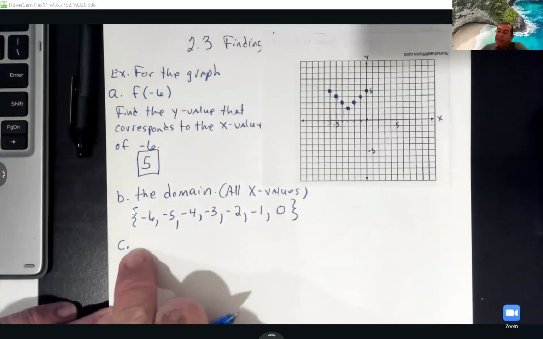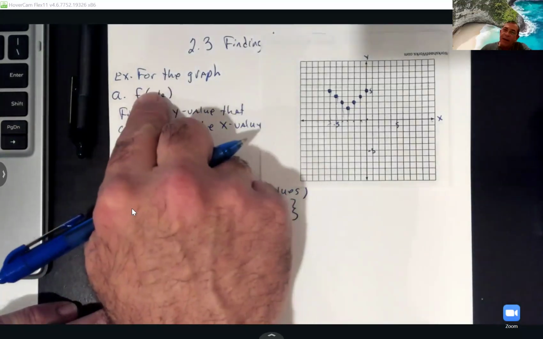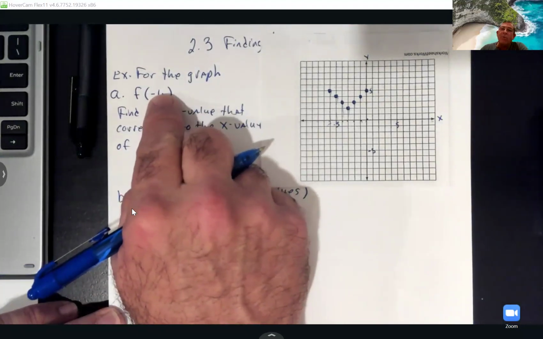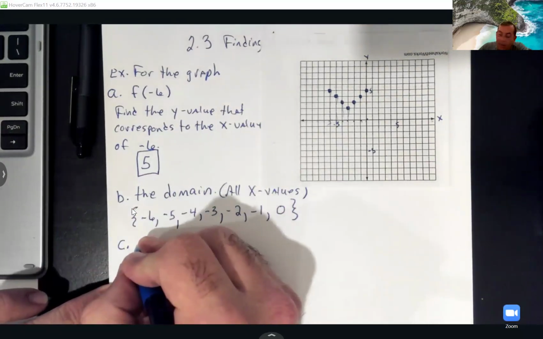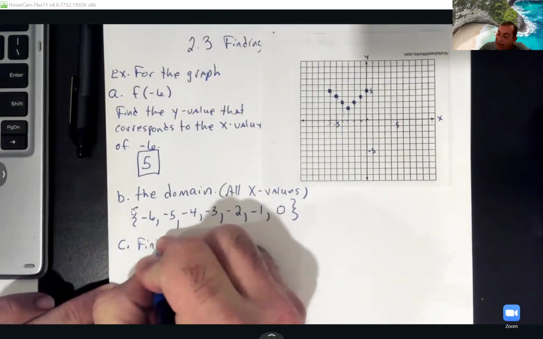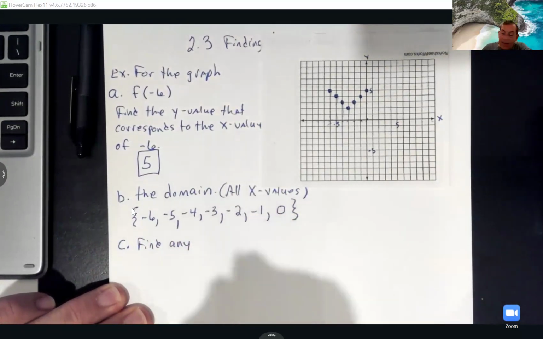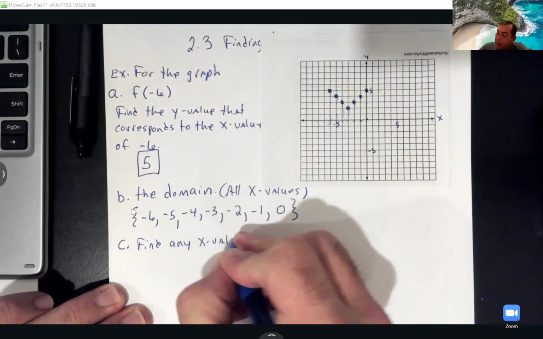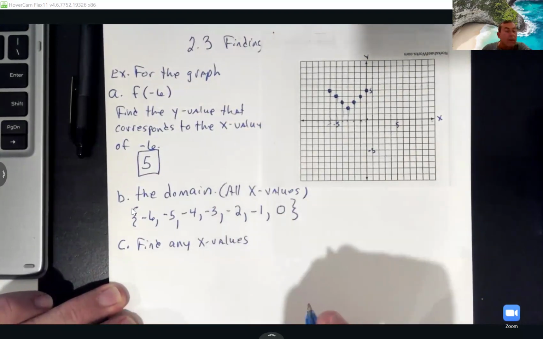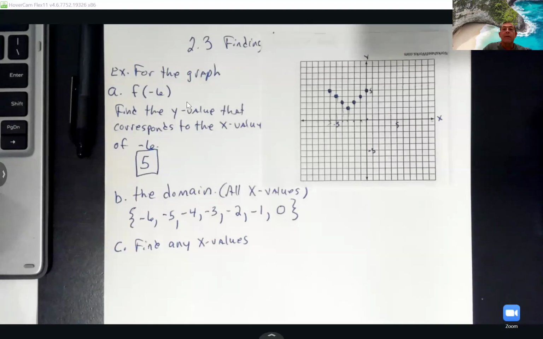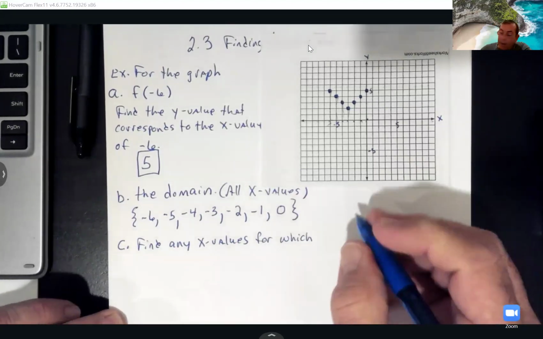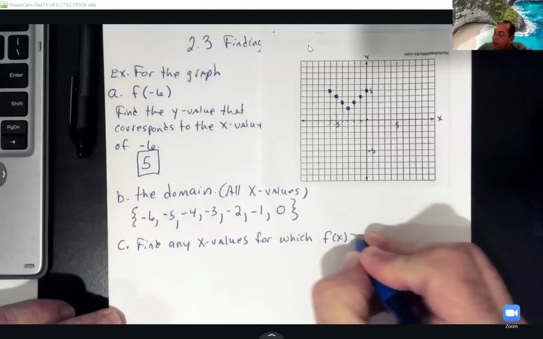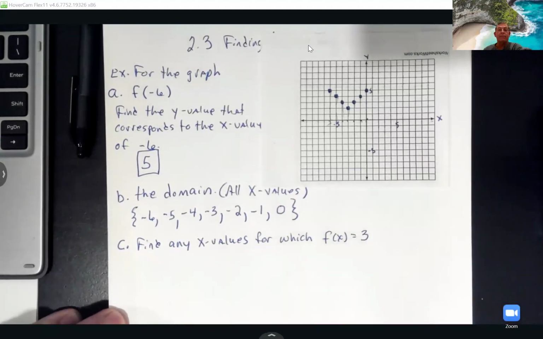All right. Now, C to me is the opposite of A. A, they gave me the X and they wanted me to find the Y value. On C, they want to find any X values for which f of x equals 3.